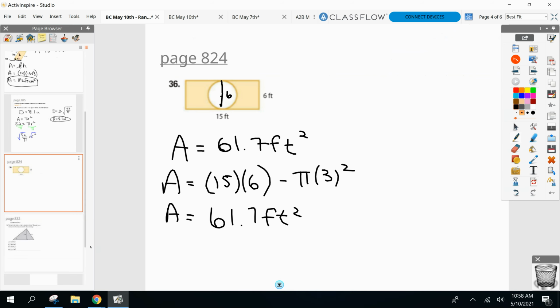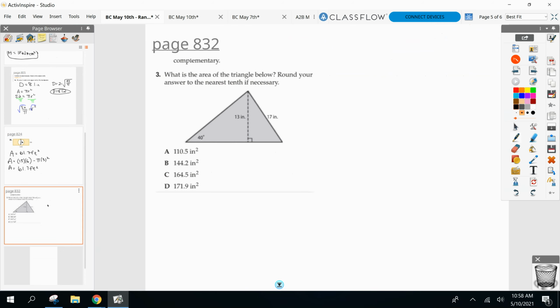Here we go. Page 832. This may take a moment or two. We got 10 minutes left in class, so I can do about 8 minutes on this. Multiple choice number 3. Find the area of this triangle. I love this. I like this one a lot. I already gave you the height. Base, you got to work. You got to work to get the base here.